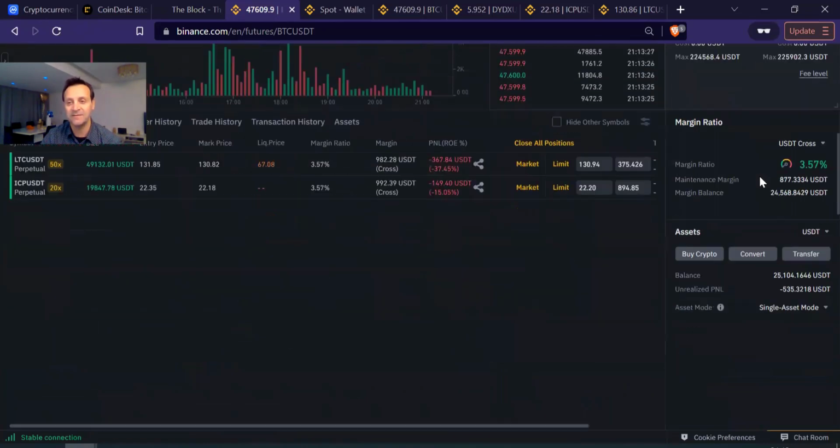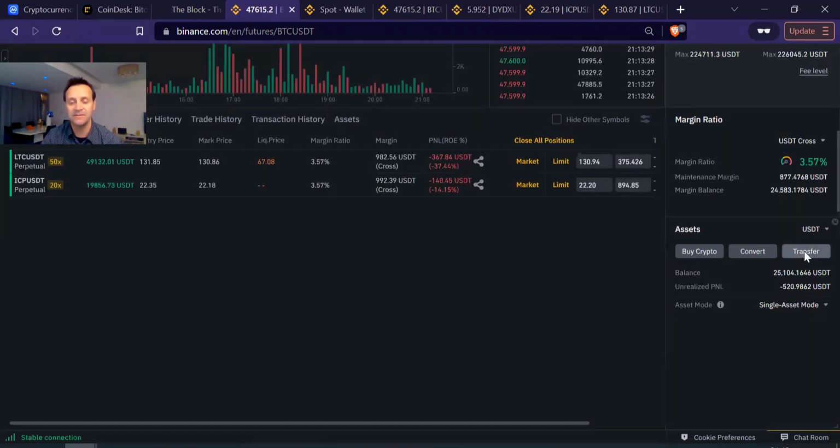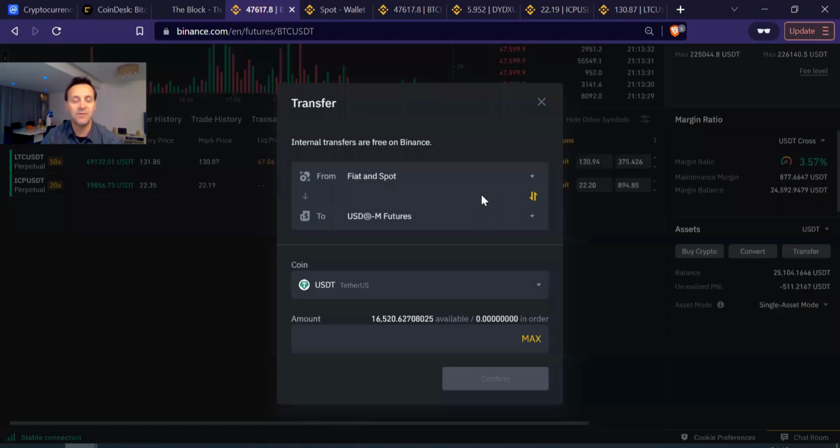How do you add funds? You click on transfer, and from your spot wallet, you can transfer to your futures wallet. Remember, we said that in my spot wallet I had 16,500, right?